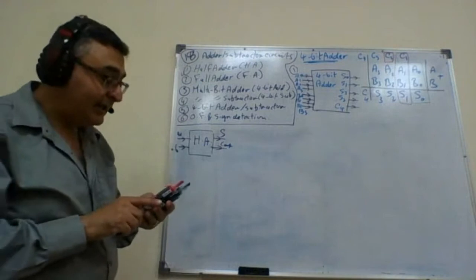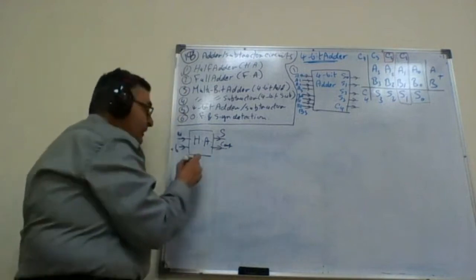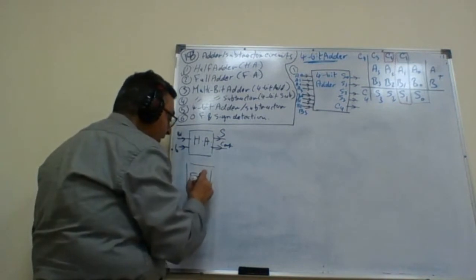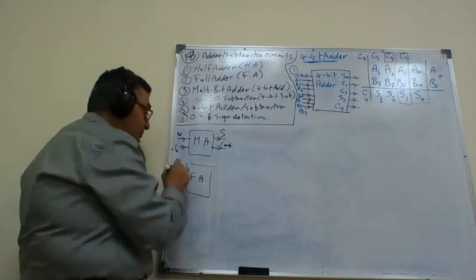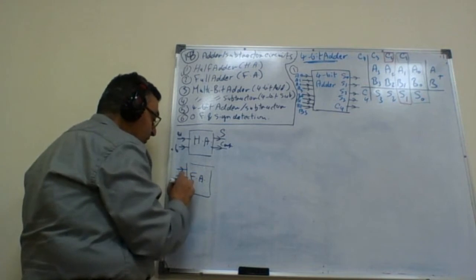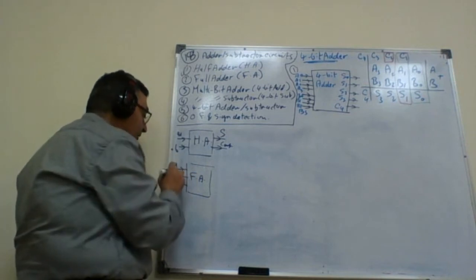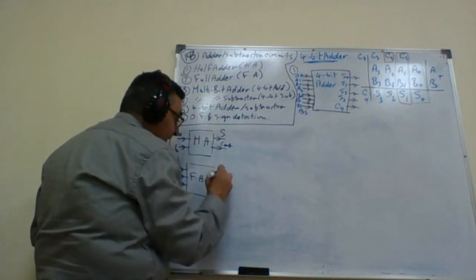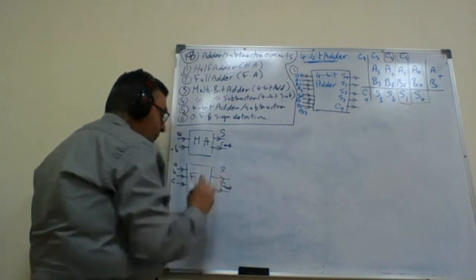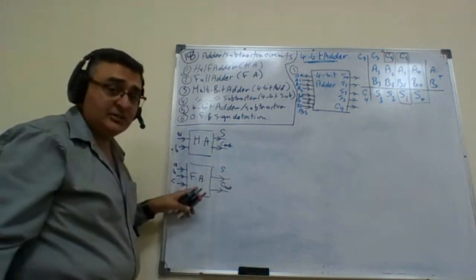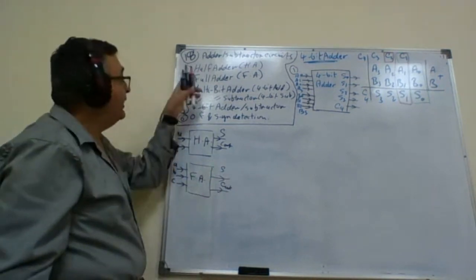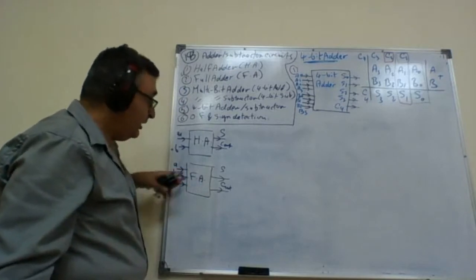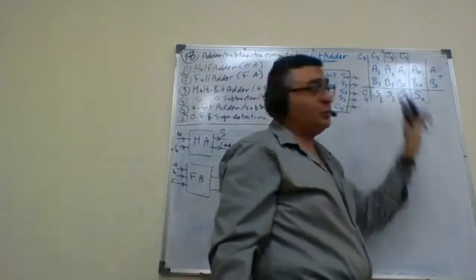We have to build another block. This block is called the full adder circuit. This block is supposed to add A to B to C and give me S and C out as the two outputs. If I succeeded to build this circuit, which we call full adder, that actually adds A, B, C together, I can use it to perform this operation.